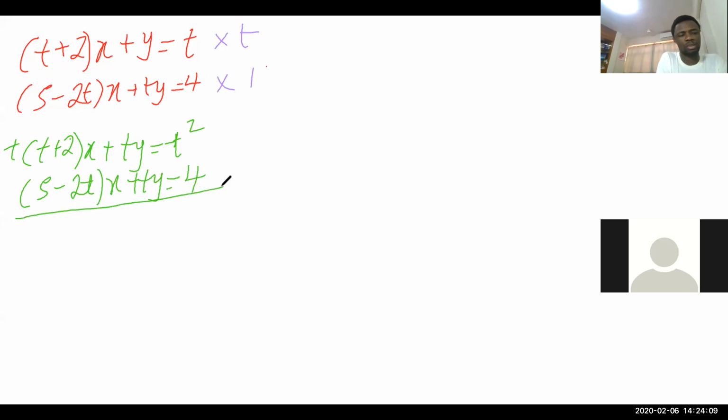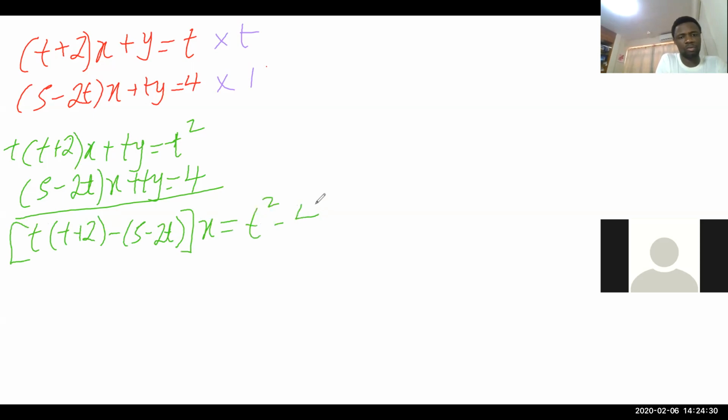Then we subtract. Yes, Lillian? So we subtract, you get (t plus 2) minus (5 minus 2t), everything times x, equals t squared minus 4.